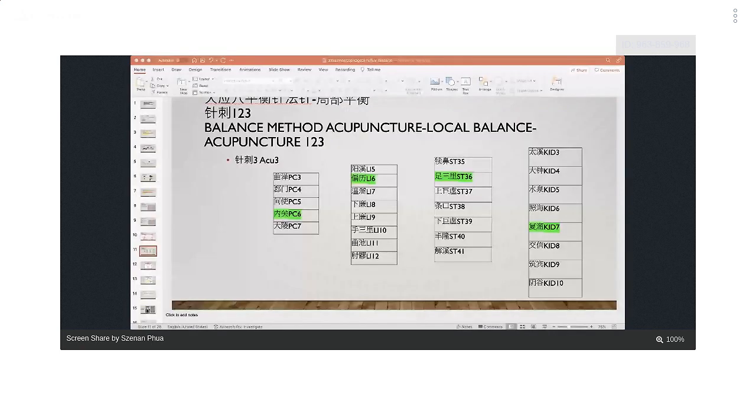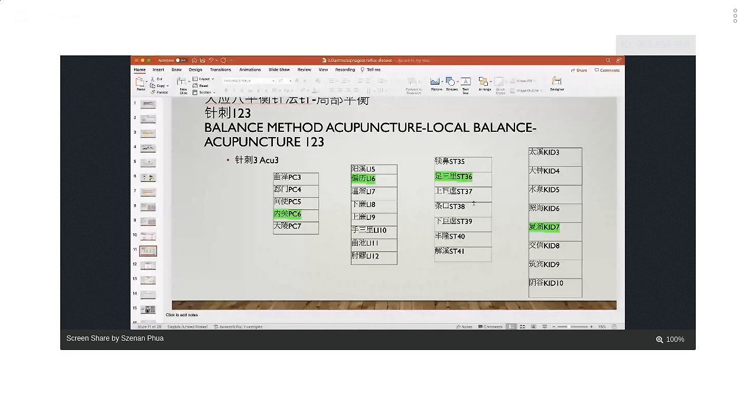I also list out the points for stomach, from stomach 35 to stomach 41, and kidney 3 to kidney 10. And I'm choosing stomach 36 and kidney 7.